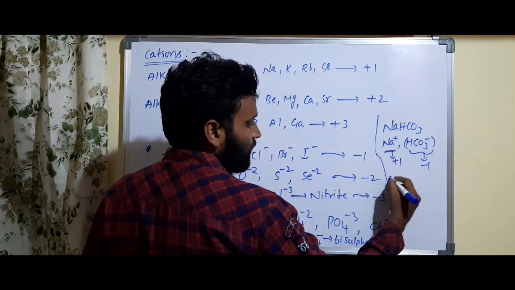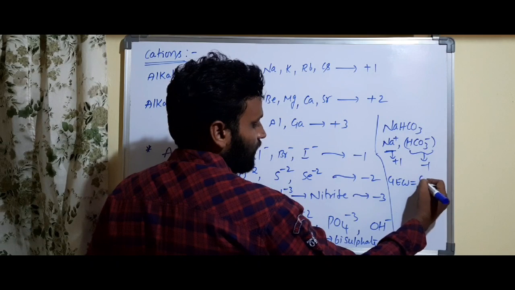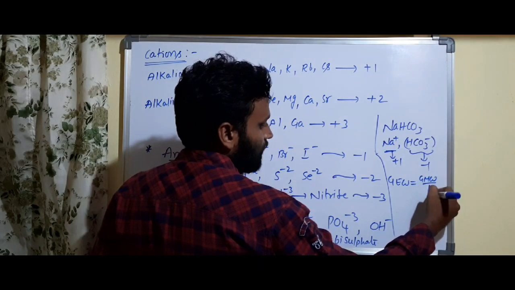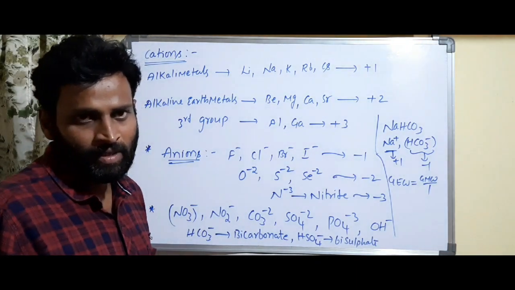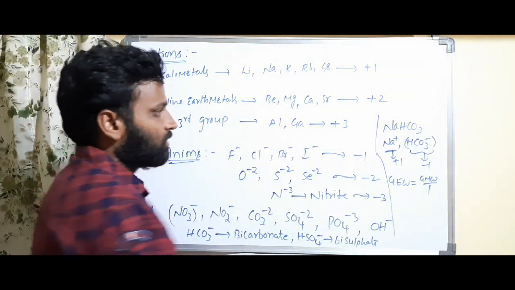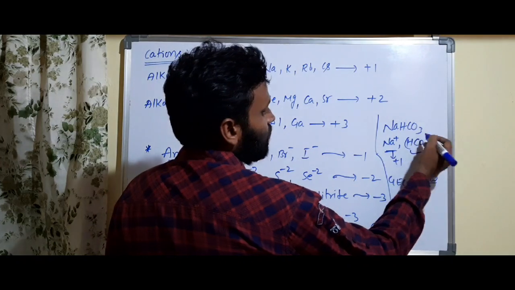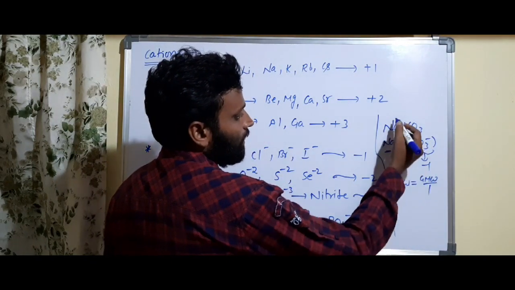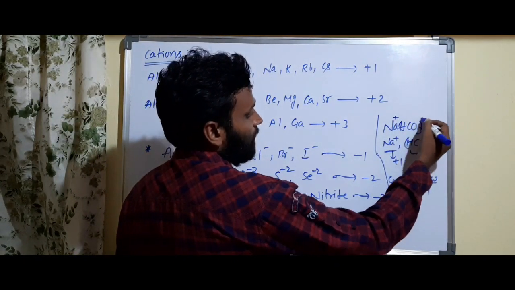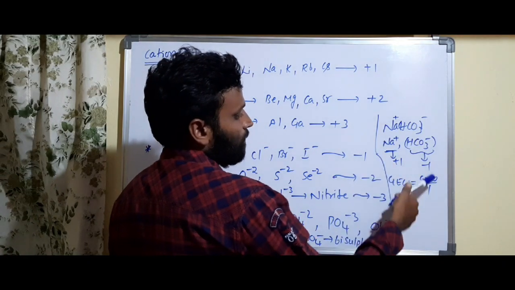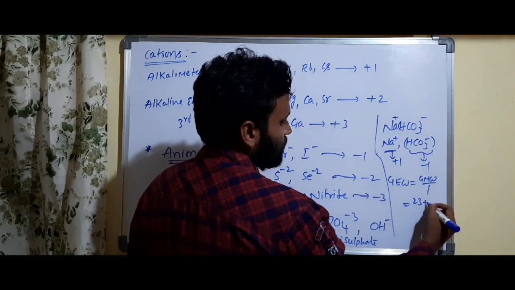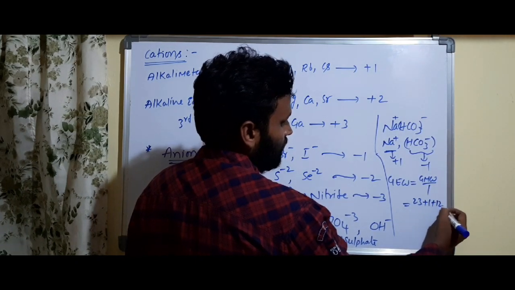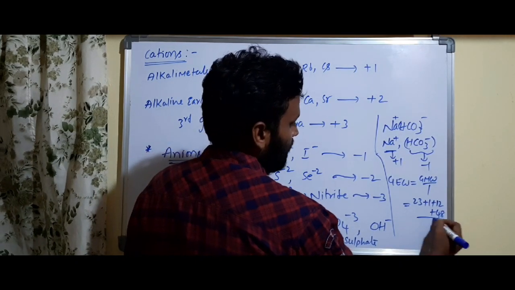So the gram equivalent weight is now the gram molecular weight by 1. So sodium bicarbonate you can have like this. Getting what I'm saying? So here NaHCO3, Na+ and HCO3-. So you'll get sodium 23, hydrogen 1, carbon 12, and 48, by 1.